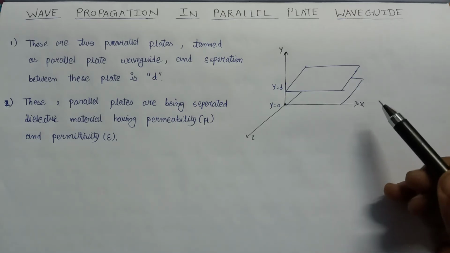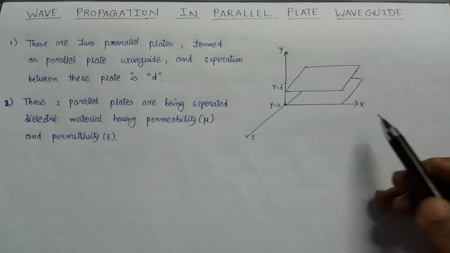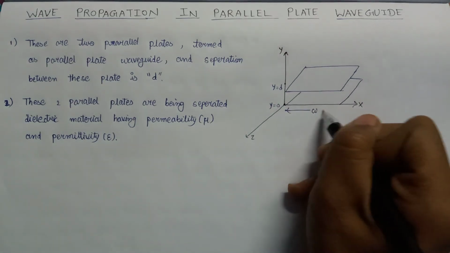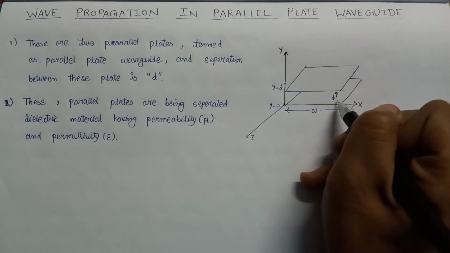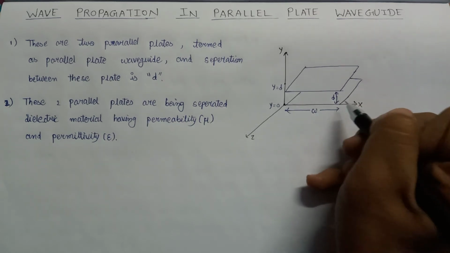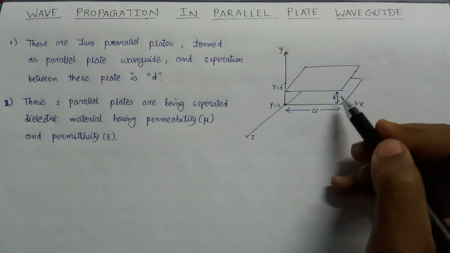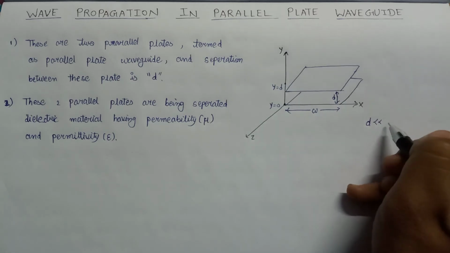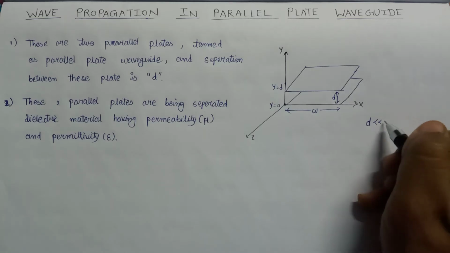Here the separation d is very small, and the length of the plate is represented by w. So this is w, and this is the distance between these two plates, which is represented by d. And we are assuming that the separation between these two plates, d, is very small as compared to the width or the length of these plates.